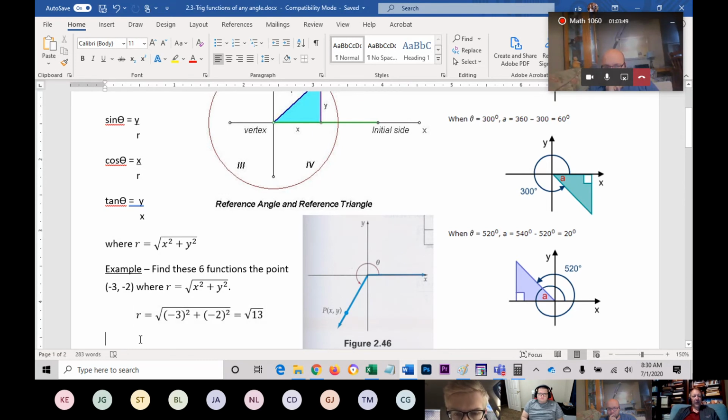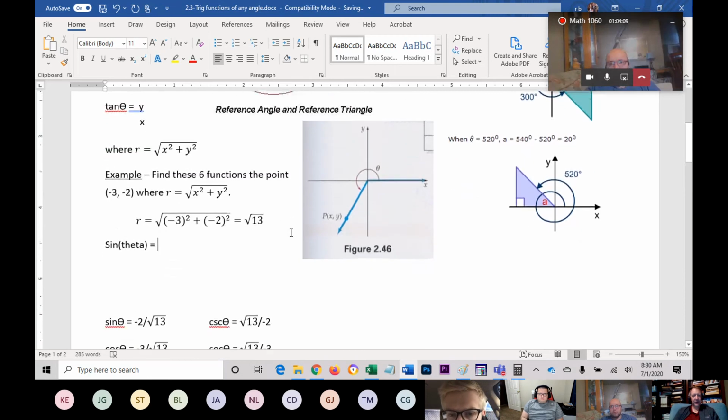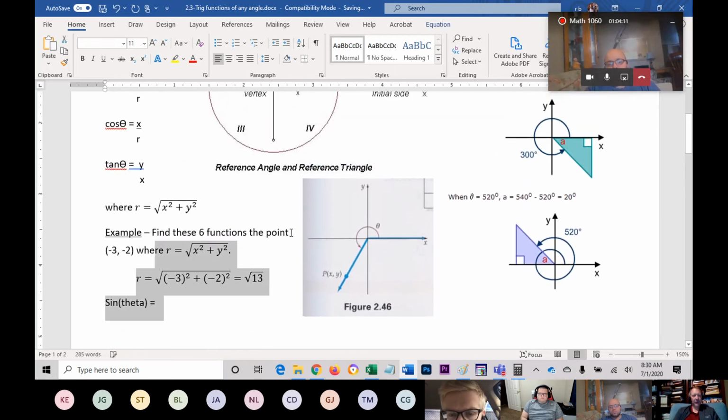So let's figure out the sine of theta here. Maybe we'll cheat a little bit. The easiest thing to do is just to remember.